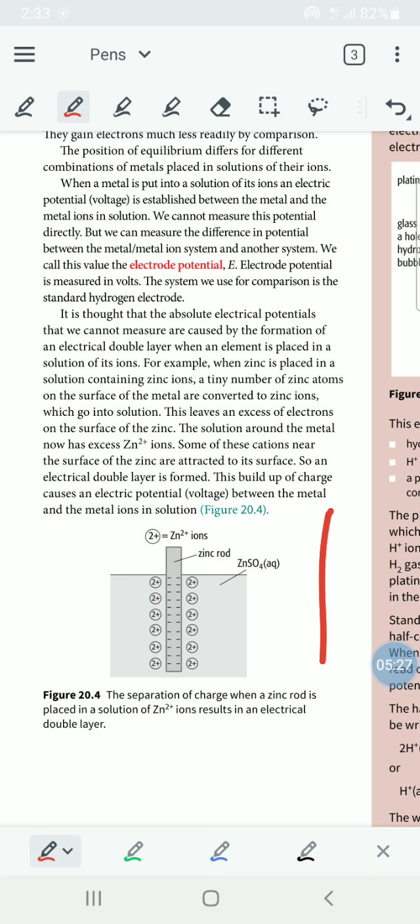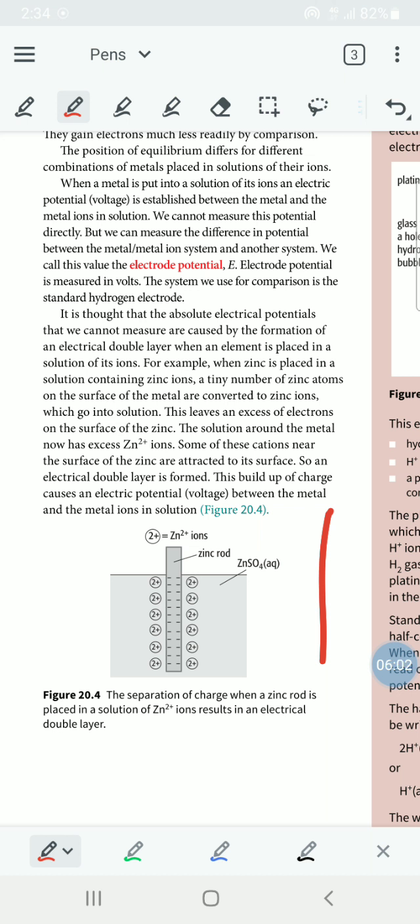Then what happens is a tiny number of zinc ions cover the surface of the zinc metal, leaving zinc ions on the surface. Right? There are excess electrons. The surface atoms convert into zinc ions by losing electrons.